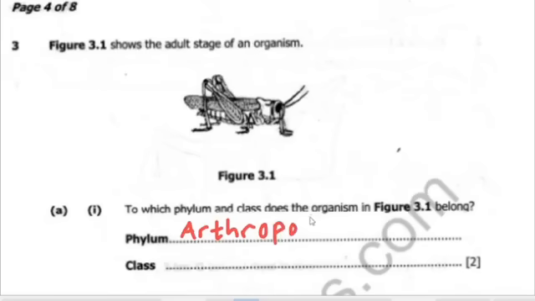Now what about the class? When you take a look at it, it's an insect. So this organism belongs to the class called the Insecta. Don't just write insect, you should write Insecta. That is the name of the class.